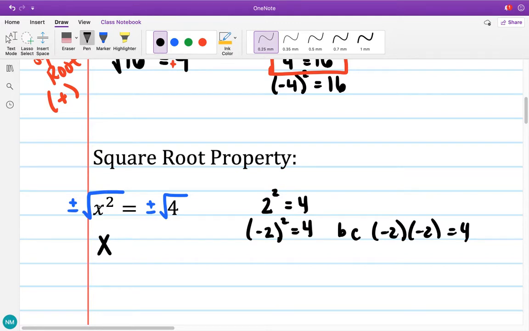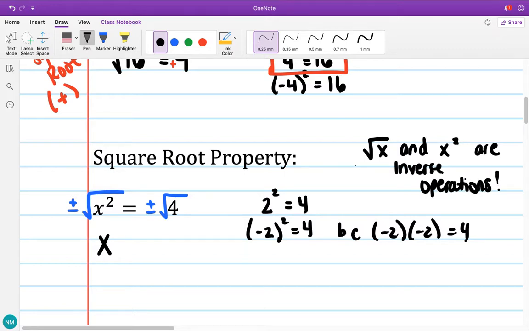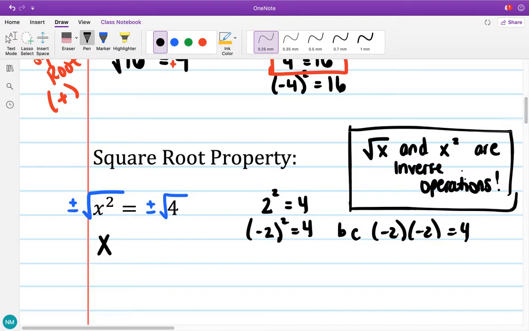They're inverse operations, right? Square root and squared are inverse operations. The reason is that they undo each other.